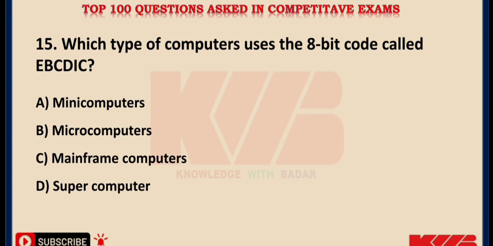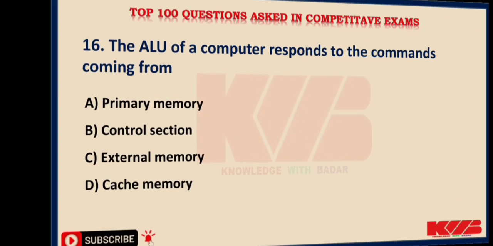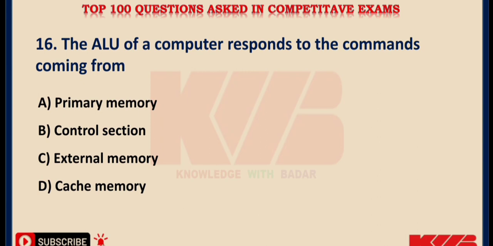Mini computers, microcomputers, mainframe computers, or the supercomputers? Yes, EBCDIC code is used by mainframe computers. That is 8-bit code. The next one. The ALU of a computer responds to commands coming from primary memory, control section, external memory, or the cache memory. And the correct answer is control section.